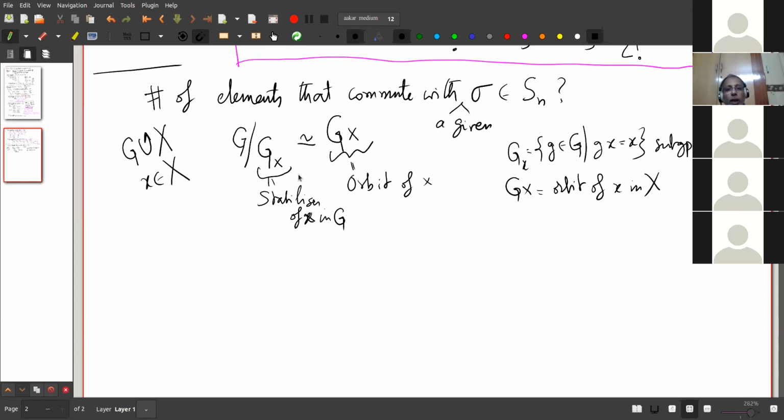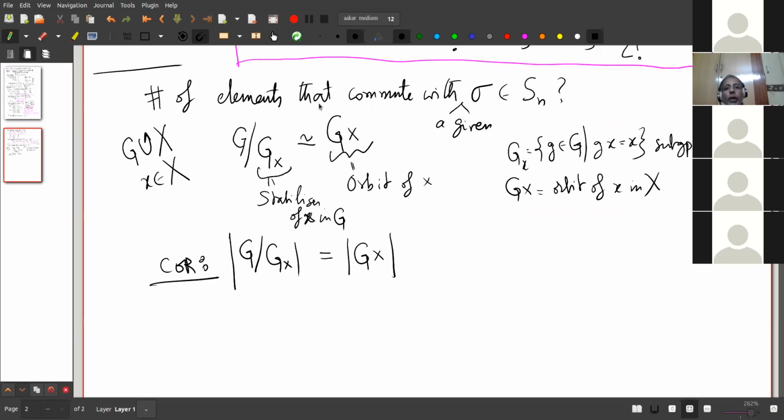But that is not so important for us for the moment. What is important for us is that these two sets have the same cardinality. That's the corollary of this statement.